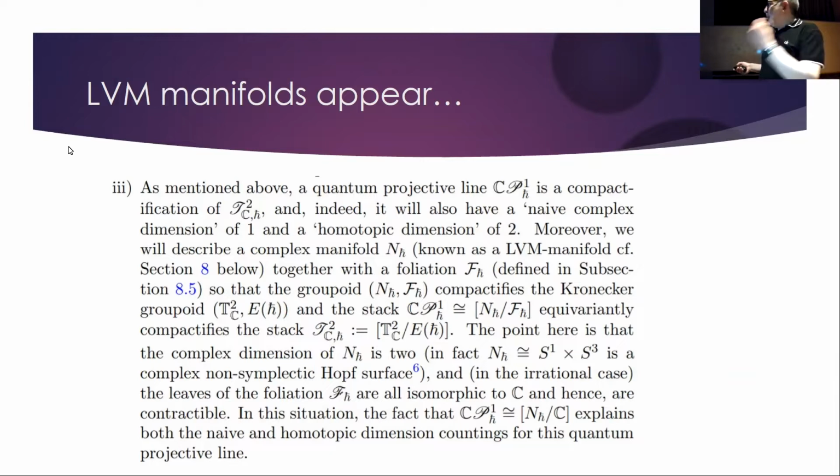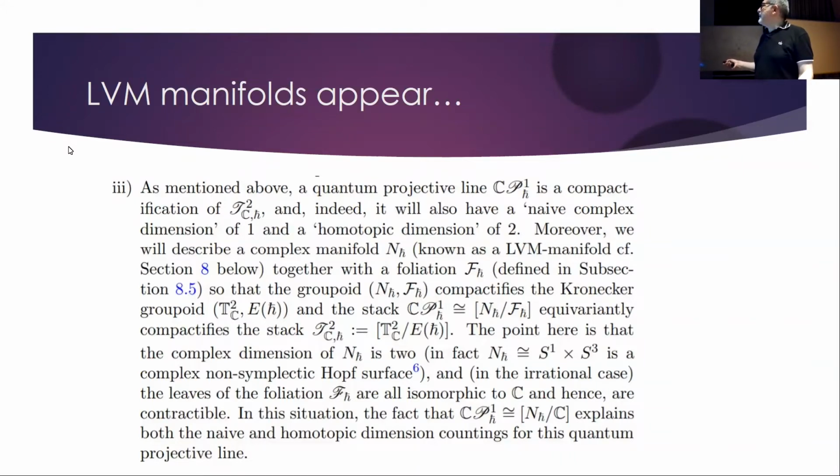We will describe a complex manifold like this, that essentially for CP1 is S1 cross S3, but S1 cross S3 has a complex structure. Nevertheless, of course, S1 cross S3 cannot possibly have a symplectic structure compatible with this complex structure. So N, that is S1 cross S3, is not a Kähler manifold, but it is a complex manifold.